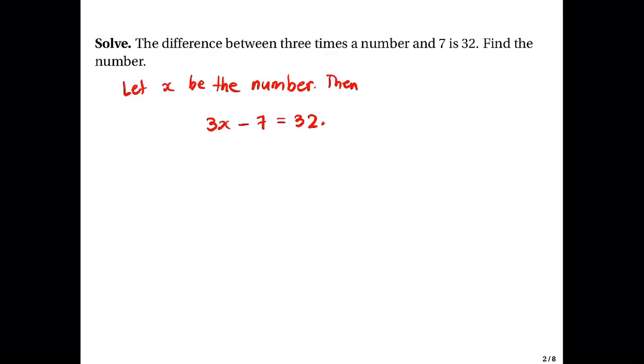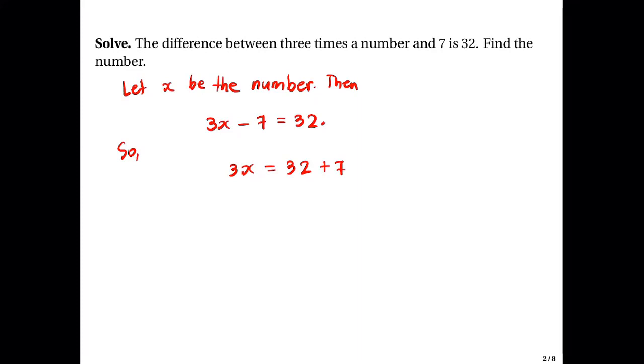So if we solve for x, we have 3x equals 32 plus 7. When we move this minus 7 from the left-hand side to the right-hand side, we change the sign. So from minus 7, we move it to the other side, we now have plus 7, right?